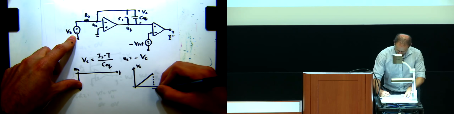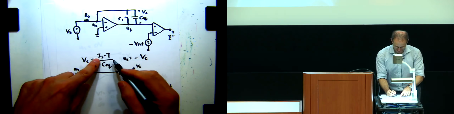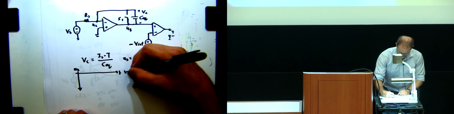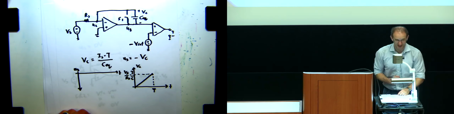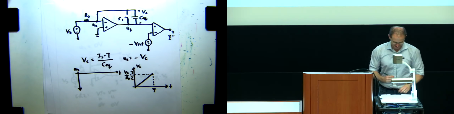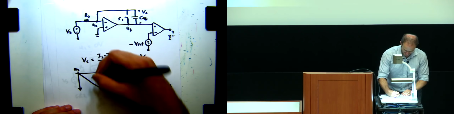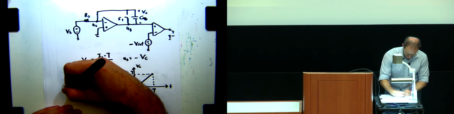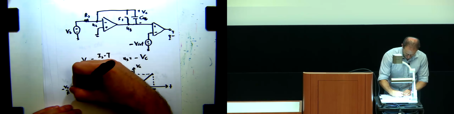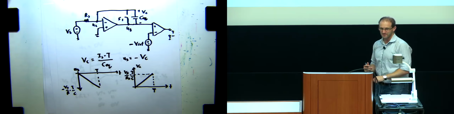Then at time t, if we stop, we would measure this value, which would turn out to be just Vs divided by Rs times t divided by the value of the capacitance. And U3 is exactly the negative version of that: minus Vs over R times t divided by the capacitance. And this is the time.